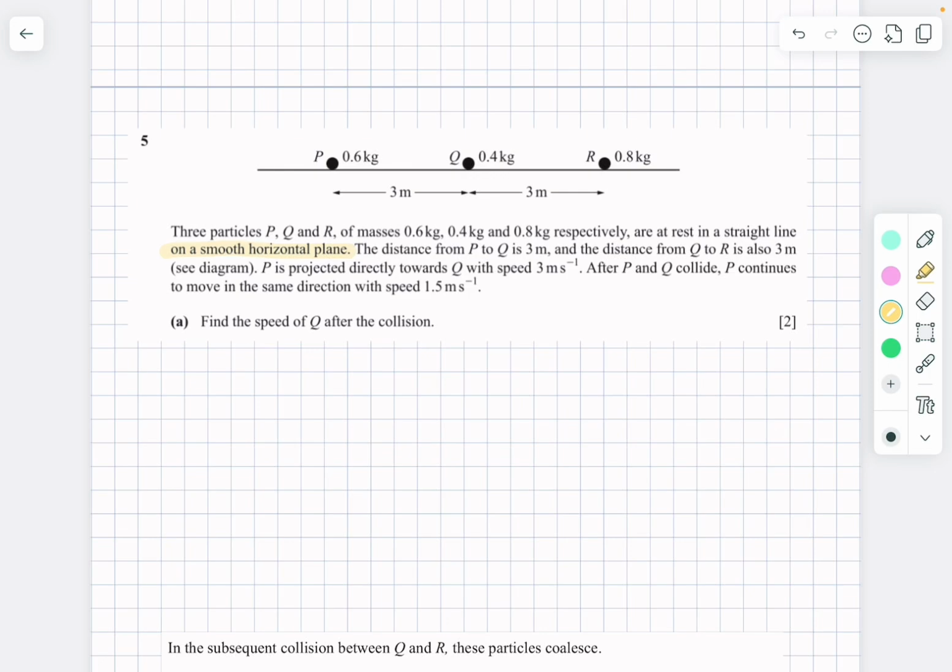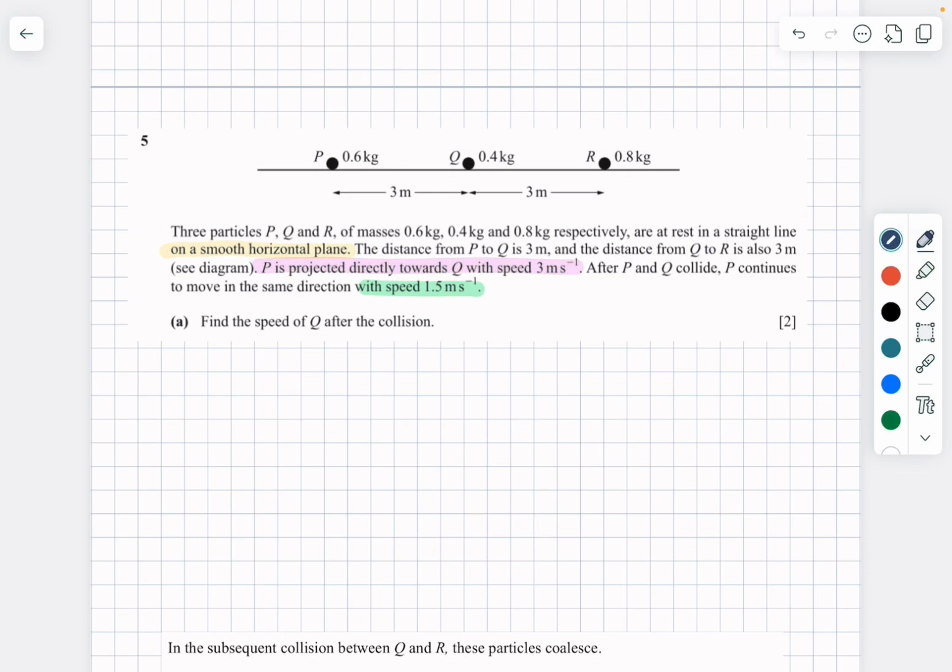P is projected directly towards Q with speed 3 meters per second. After P and Q collide, P continues to move in the same direction with speed 1.5. So this is the speed of P after the collision. Part A, find the speed of Q after the collision.